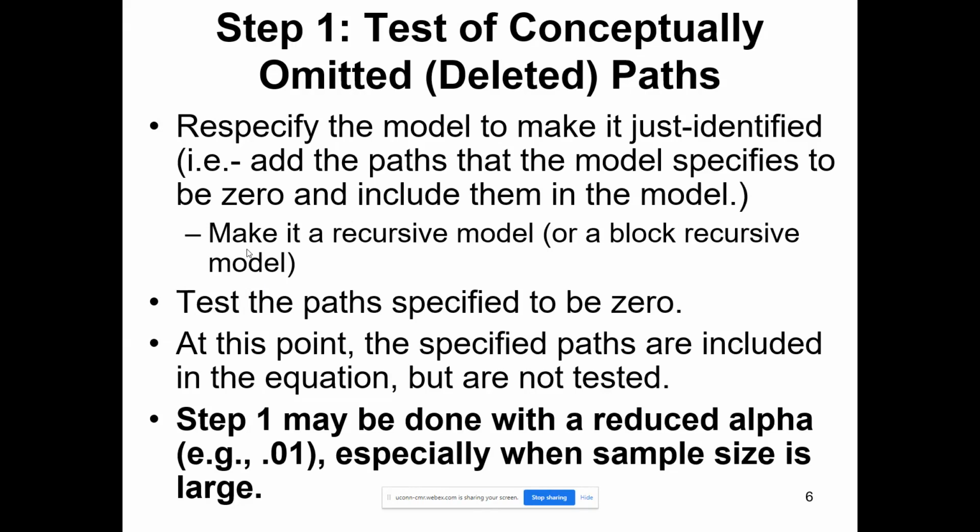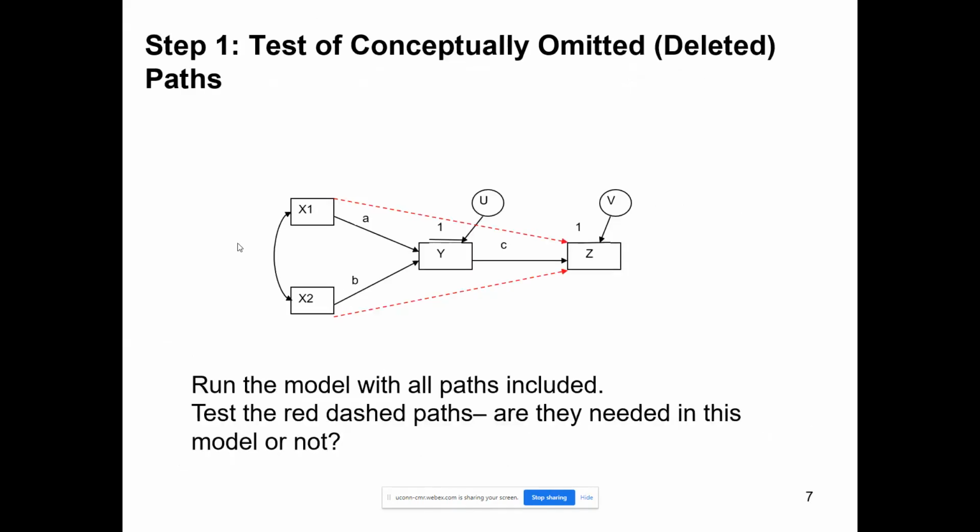All right, so we said all these things about step one. Here I'm just showing you what the conceptually omitted paths would be, right? So what we would do in step one is, even though my model doesn't include these paths in red dashes, the step one model is actually going to include those conceptually omitted or deleted paths. And then when I get the results from step one, that's all I'm going to look at.